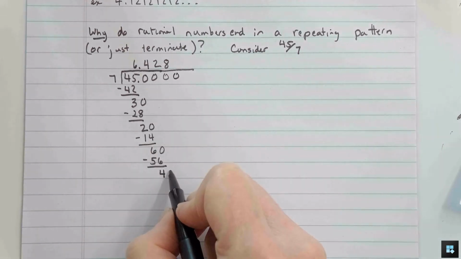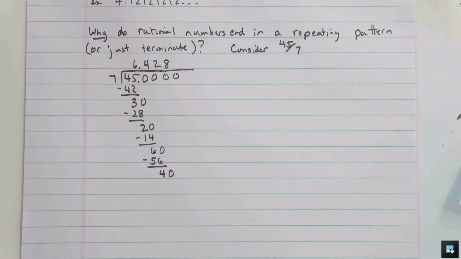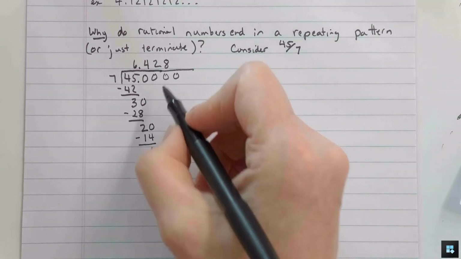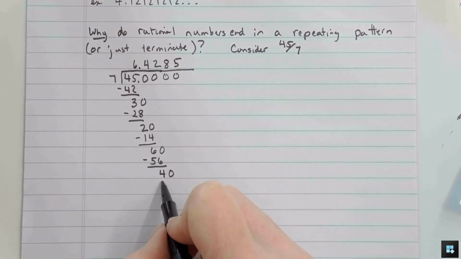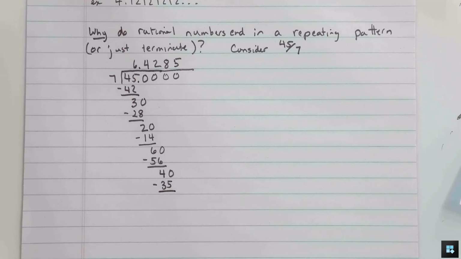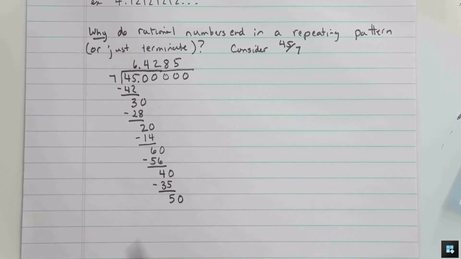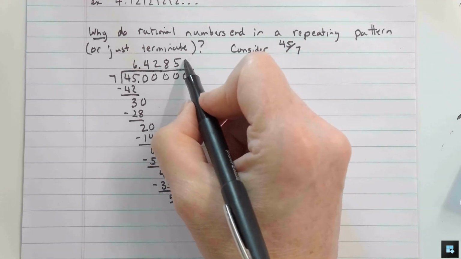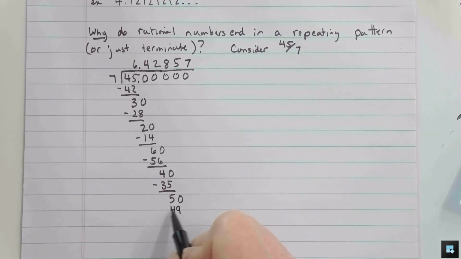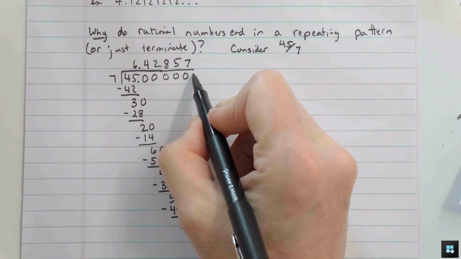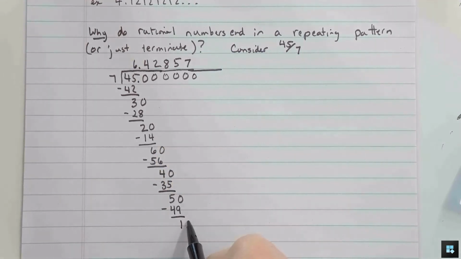So I need more zeros. 7 goes into 40 5 times. 5 times 7 is 35. 40 minus 35 is 5. 7 divides into 50 7 times. 7 times 7 is 49. So I'll subtract here. 50 minus 49 is 1.